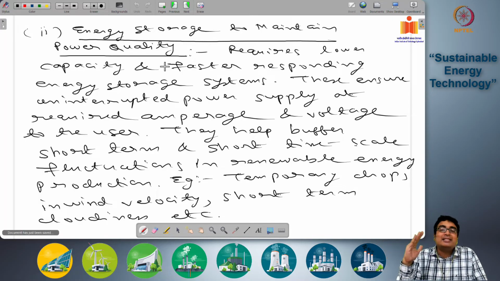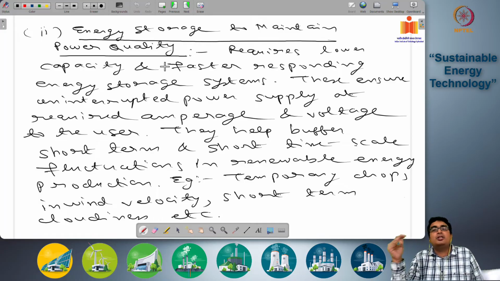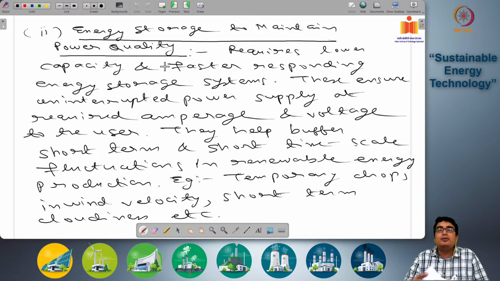Okay, so these are fast responding energy storage systems that are helping to keep good quality power to the grid, so that the grid can maintain uniform voltage and uniform amperage at the user end.